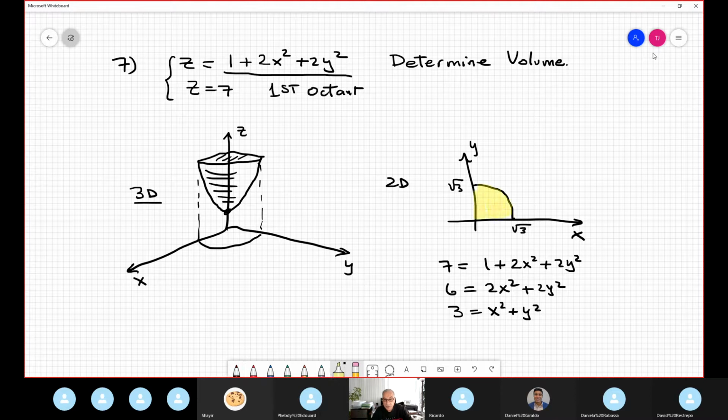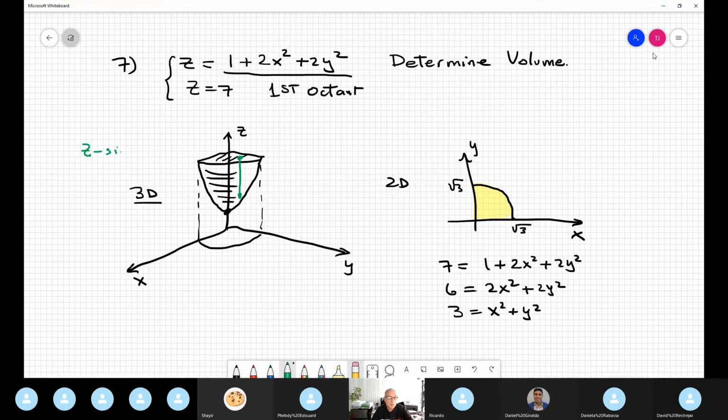Okay, we're going to use it to compute the double integral. But first, for the triple integral, you select cylindrical coordinates, going from the paraboloid side to the plane. So one more time, we have a simple region in z.